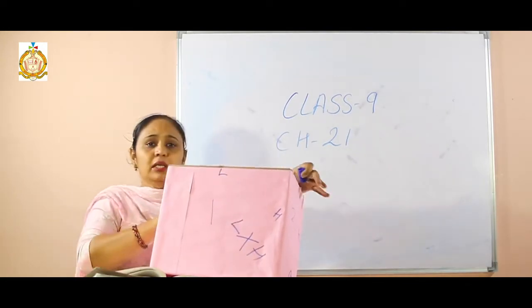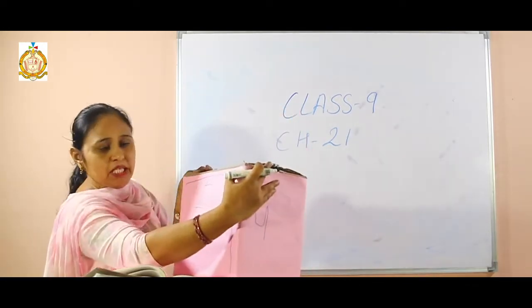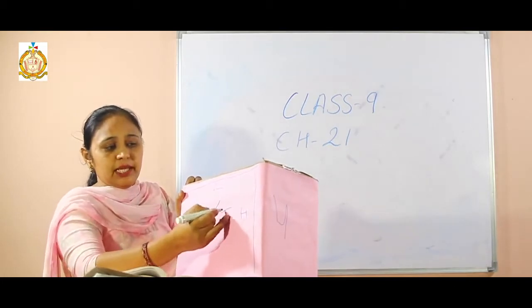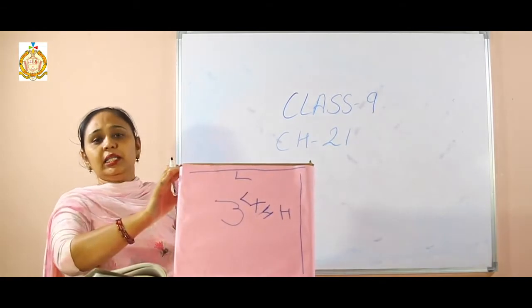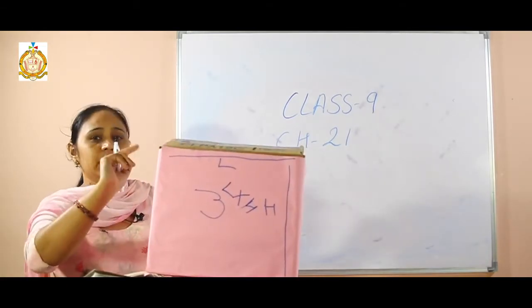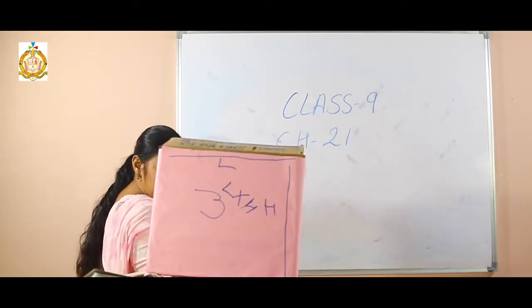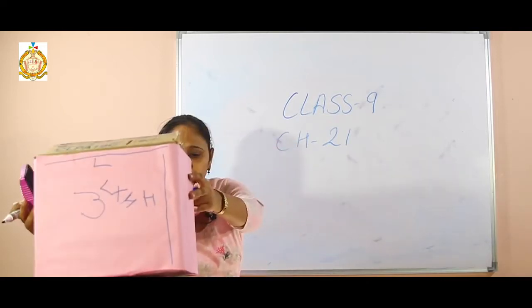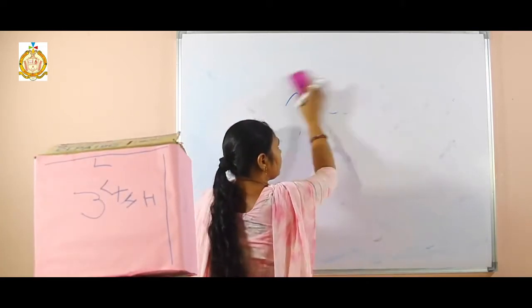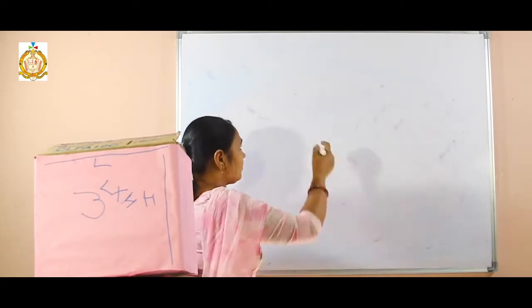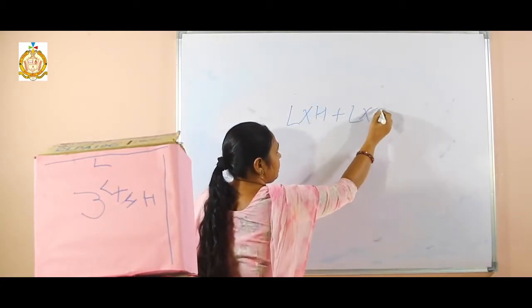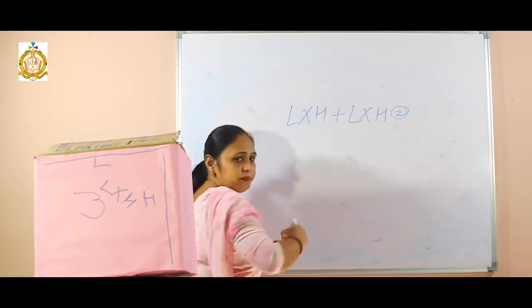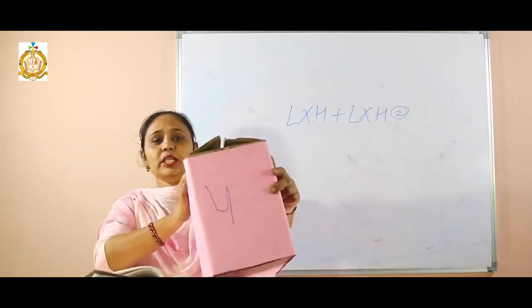This and the back of it will be the same. Here also there is length multiply height. That means 2 faces, each with area length multiply height. 2 faces I have done.